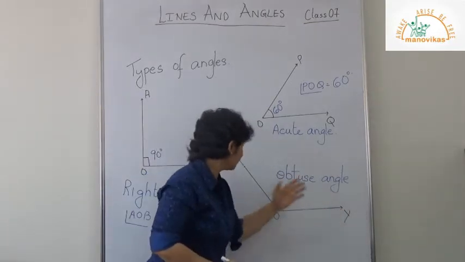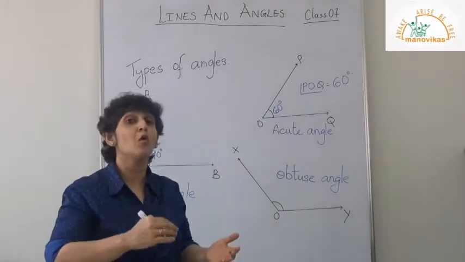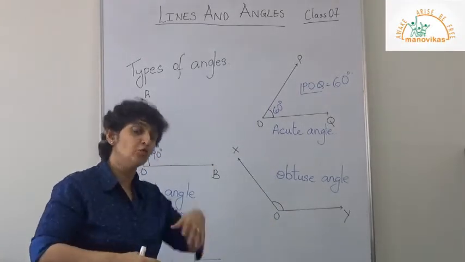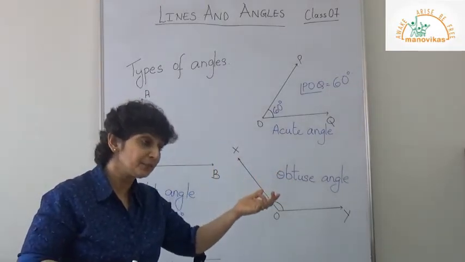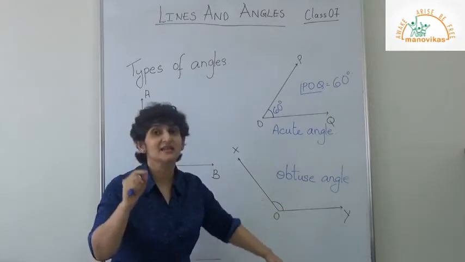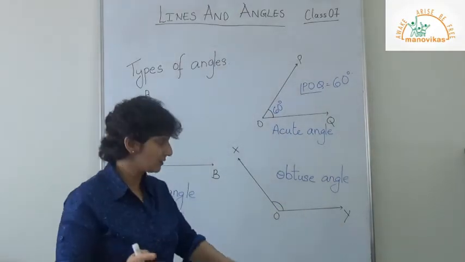And this angle XOY, whatever the measure may be, more than 90, say 91, 92, 108, 150. But remember, it should be less than 180 degrees. We'll come to that also.